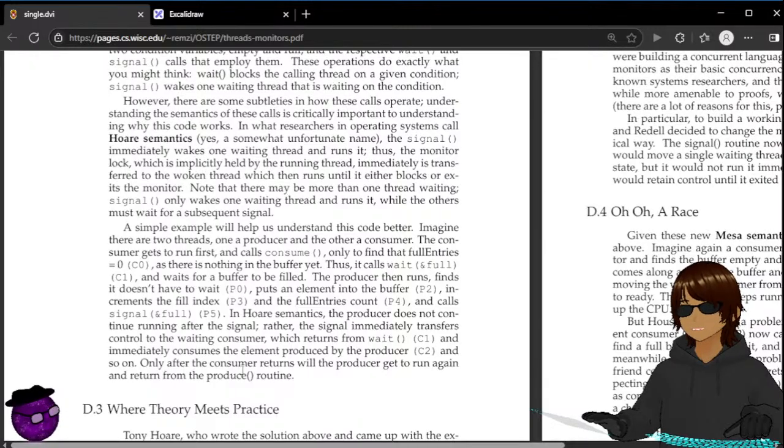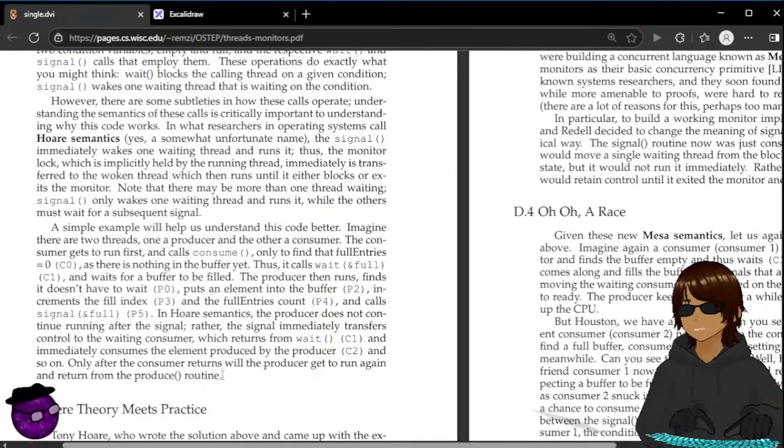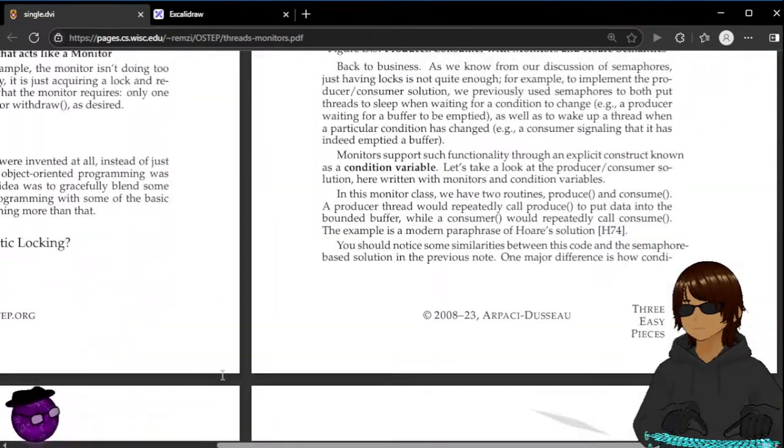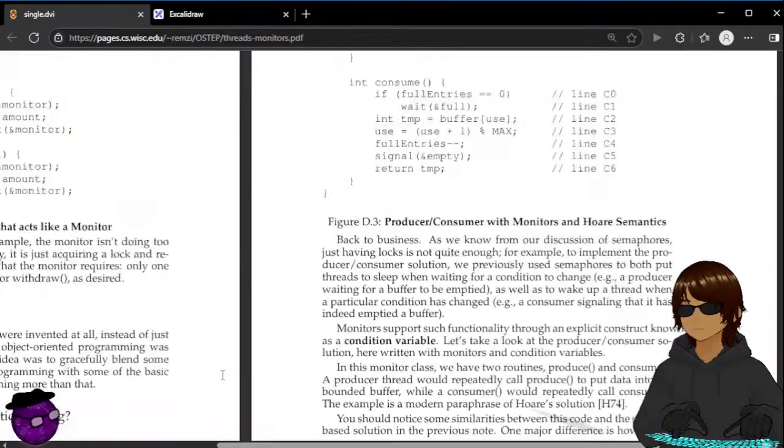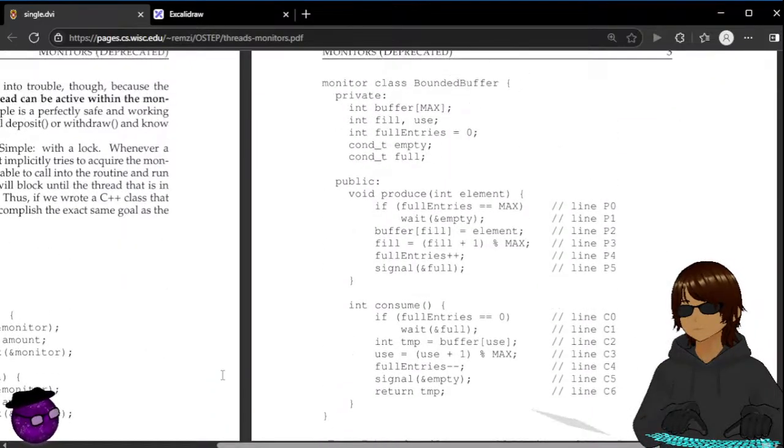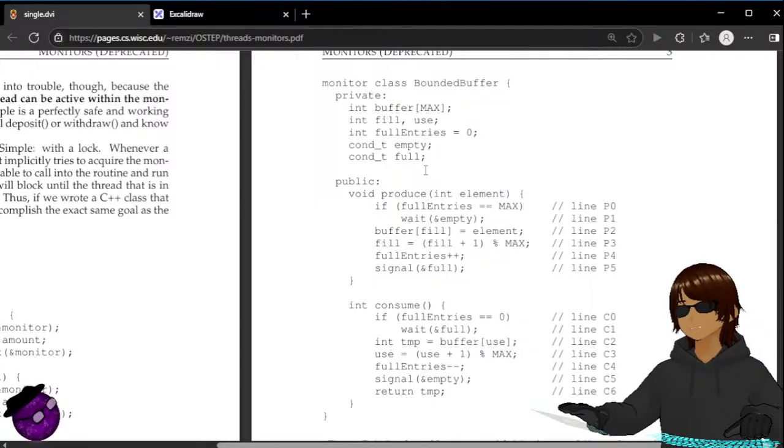Only after the consumer returns will the producer get to run again and return from the produce routine. What if we run produce so many times that we fill up the buffer and we never consume? What happens then?